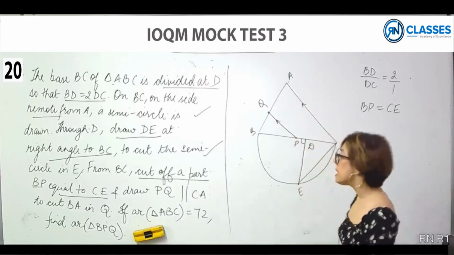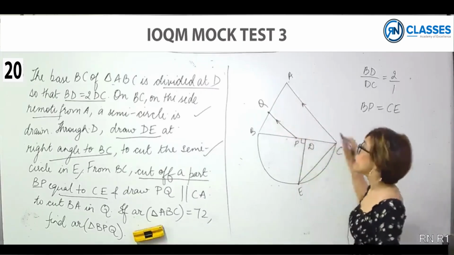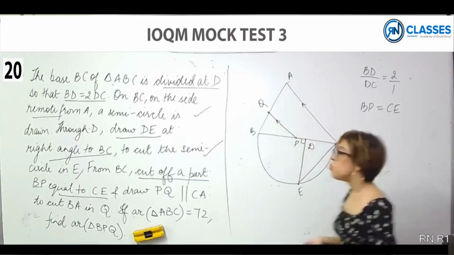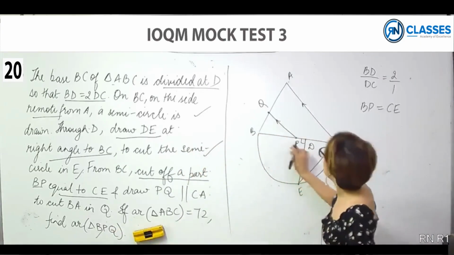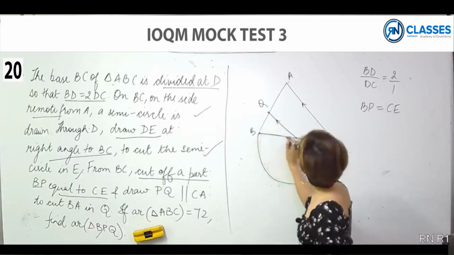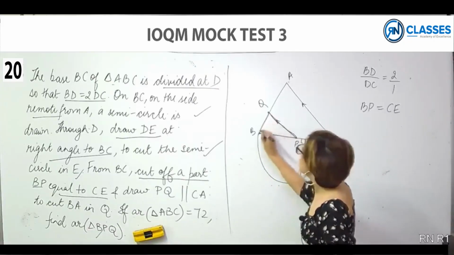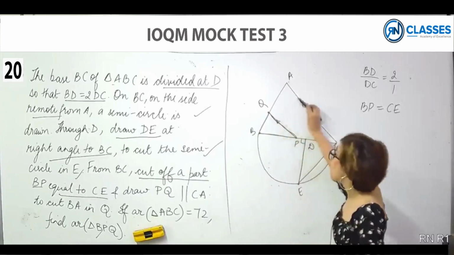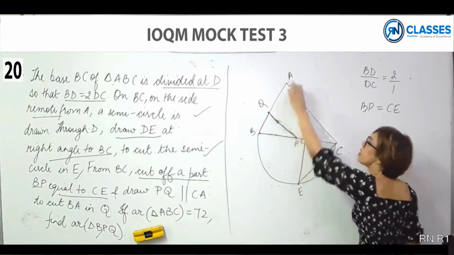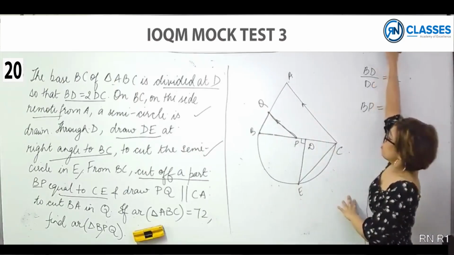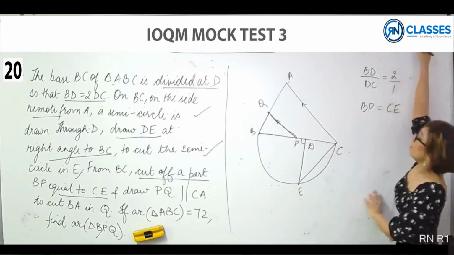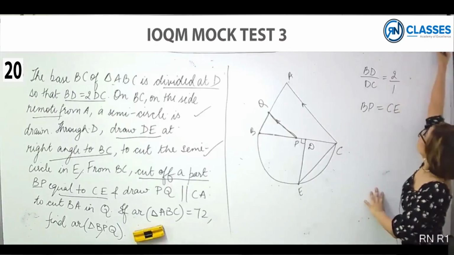Done? Now he says if area of triangle ABC, as in this entire area, is 72, you need to find out the area of BCQ. BCQ, this area. Right? Now mind it, since these two are parallel, can I say that this triangle is similar to the big one? Right? Triangle BCQ is similar to triangle BCA.